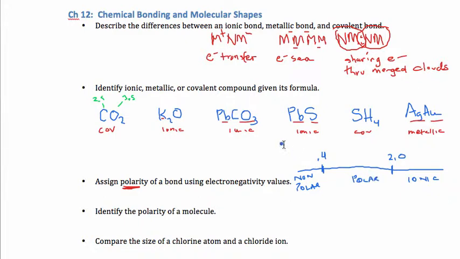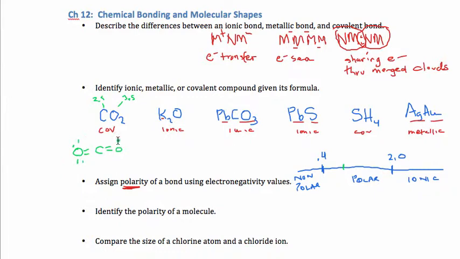So considering CO2 has a difference of 1.0, we would call it polar, but that would be for the bond, but the overall molecule ends up being nonpolar because of symmetry factors.